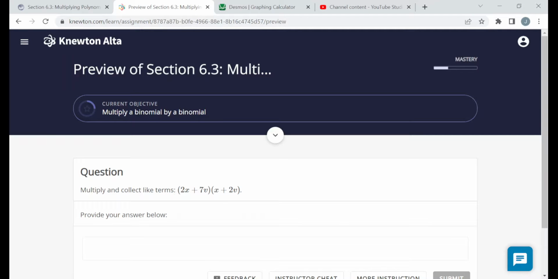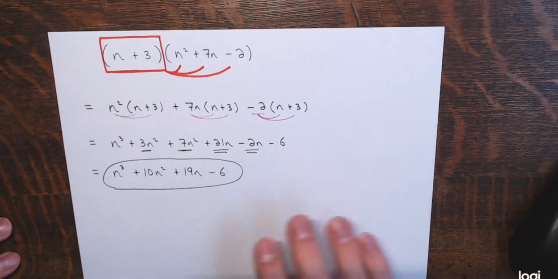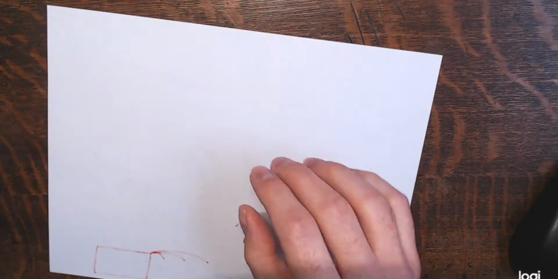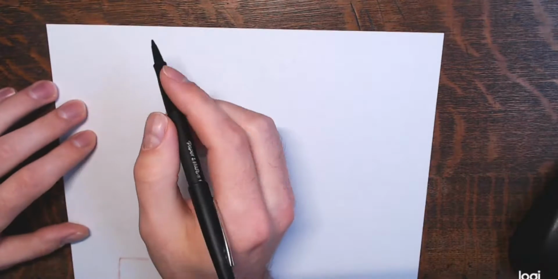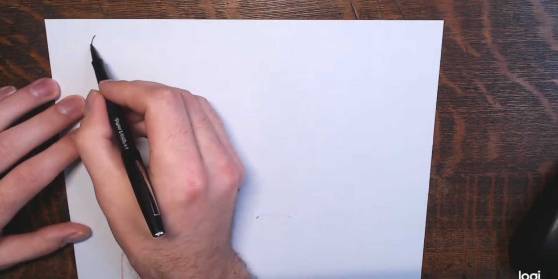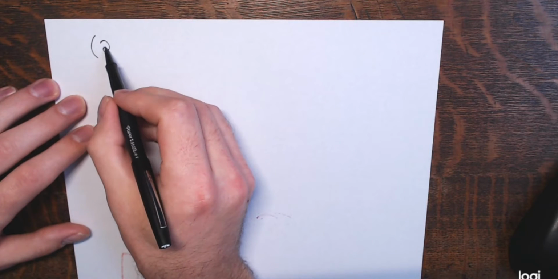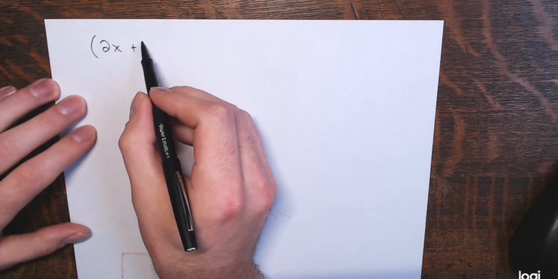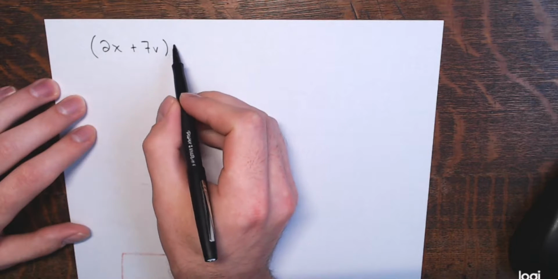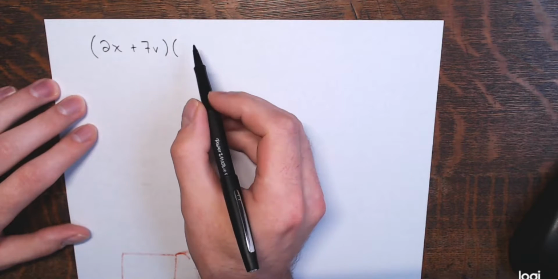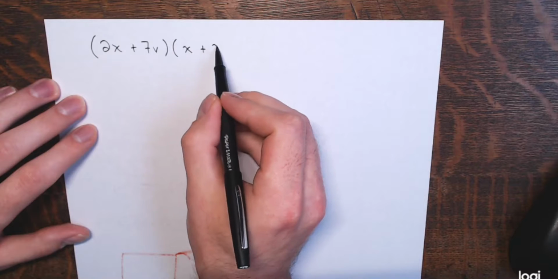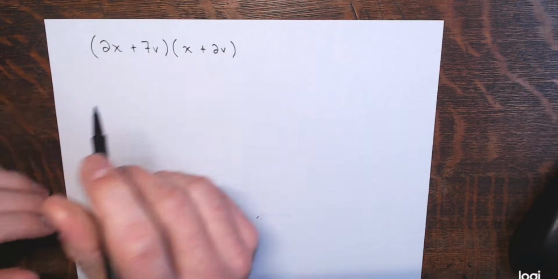So multiplying two binomials. So once again, I'll write this out. We have 2x plus 7v multiplied by x plus 2v. And then again, I just pick one of these.